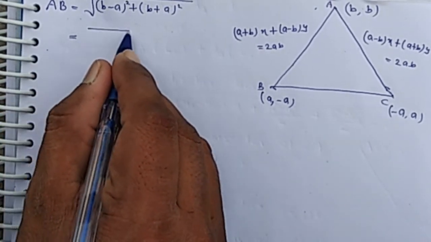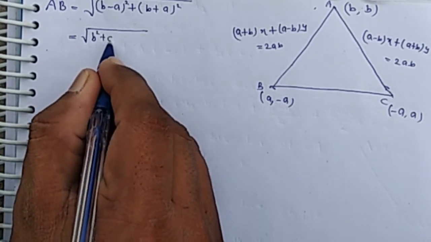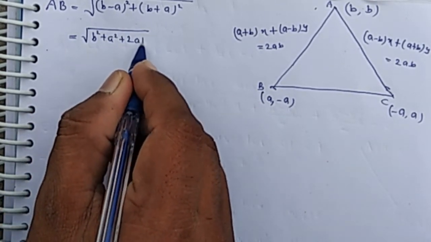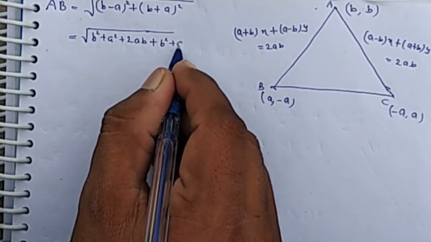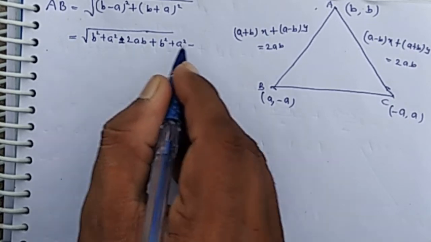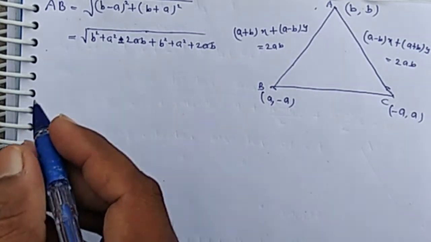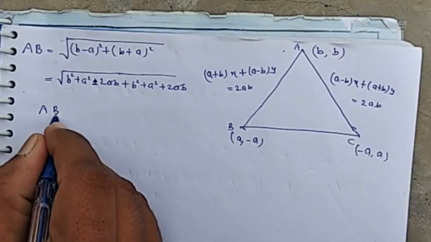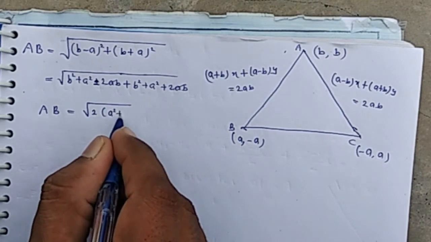Then it is b square plus a square minus 2ab, plus b square plus a square plus 2ab. 2ab cancels out, and we have AB equal to twice root of a square plus b square.